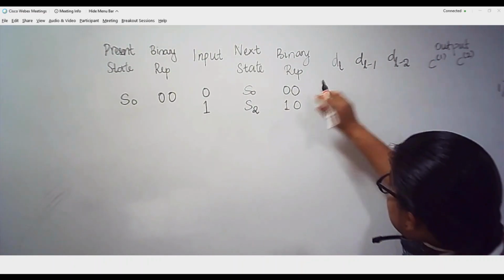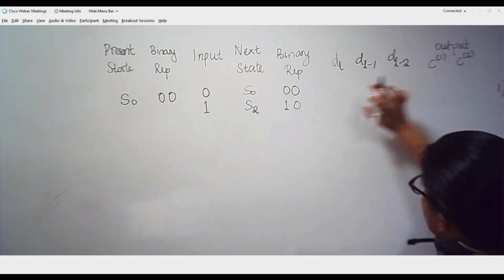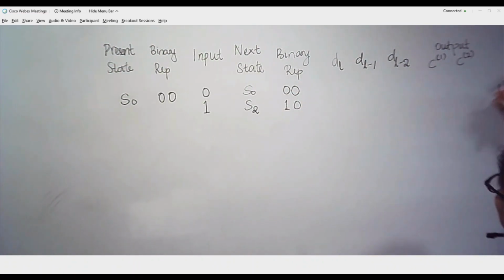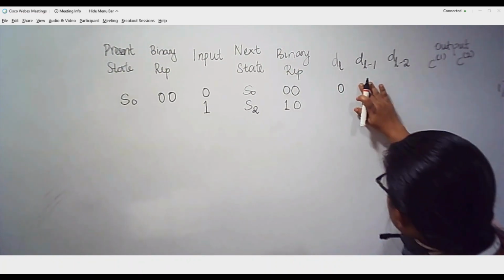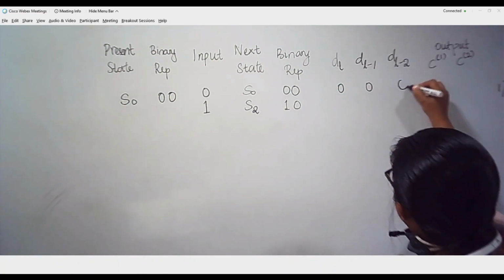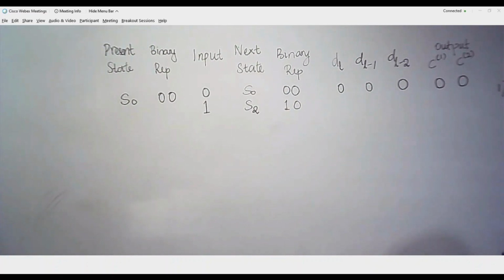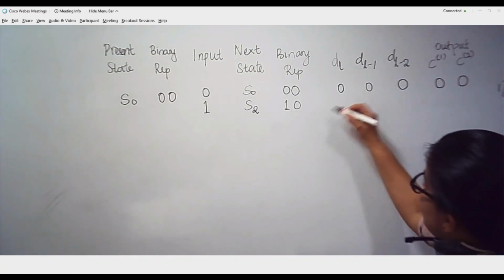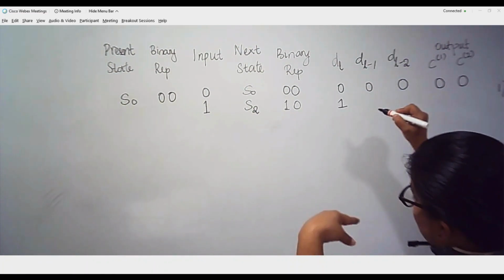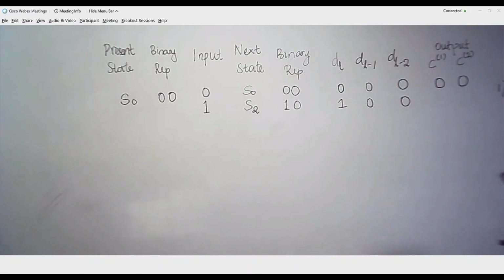The data bits here, whenever there is 0, 0, you can look at DL, it is 0. The previous two bits are also 0, 0. The corresponding C1 and C2 will also be 0, 0. If you come to this case, DL is 1 at that particular instance, and the outputs of flip-flop 1 and flip-flop 2 are 0, 0.